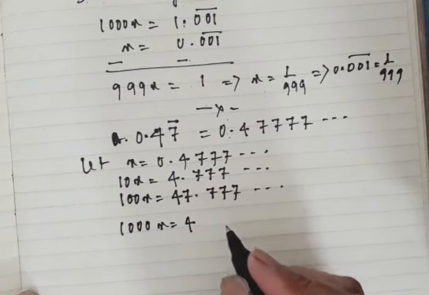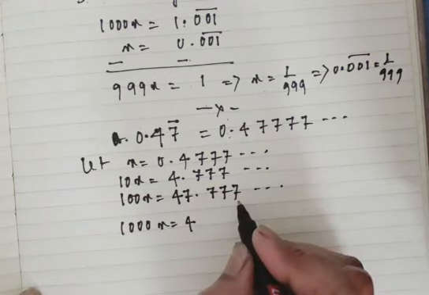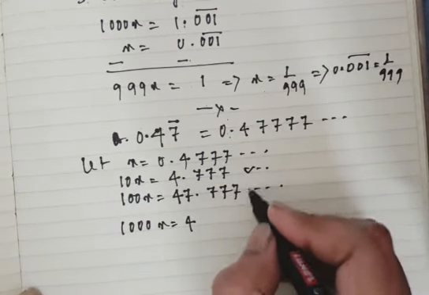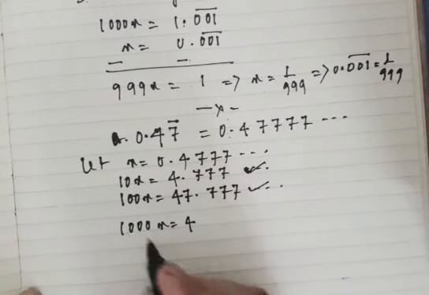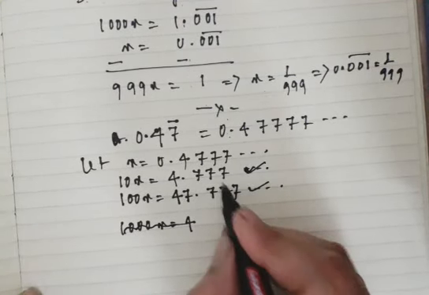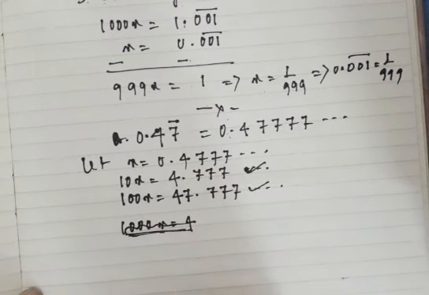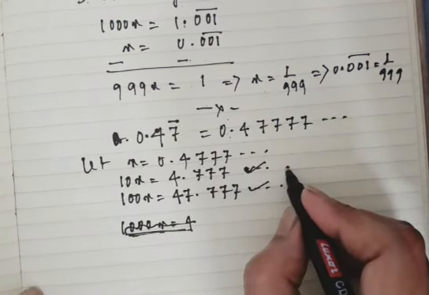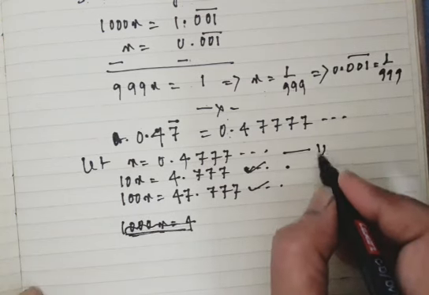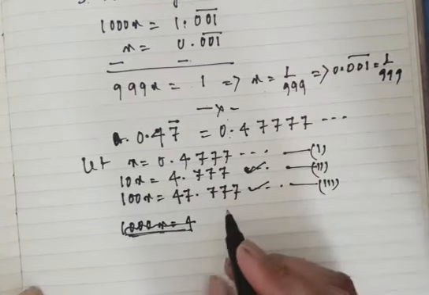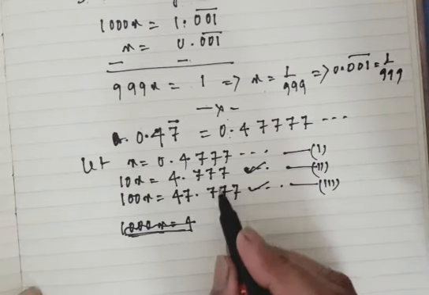If we compare, we already have these two equations in which the decimal parts are equal, so it is not needed to go for 1000x. Let us call them 1, 2, 3. Now we can take these two equations.